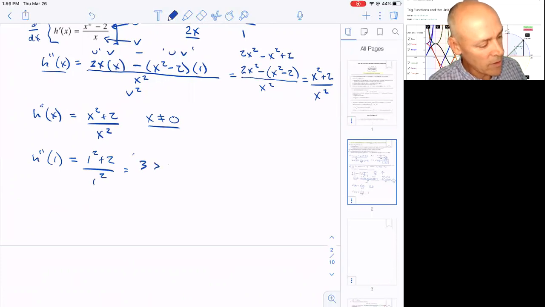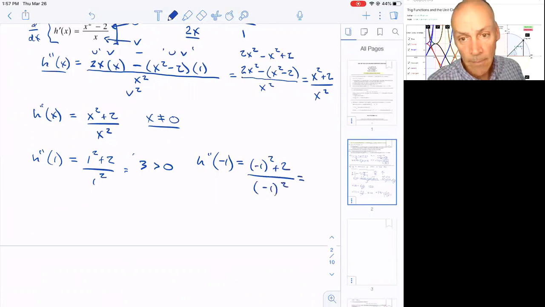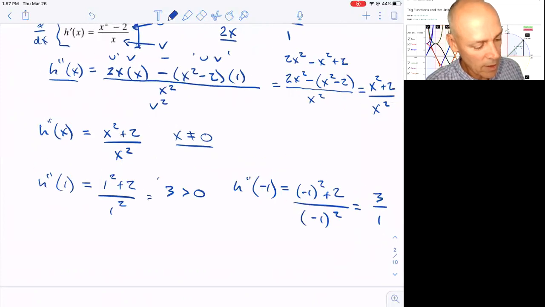Which is obviously a positive number. Well, if we plug in -1, let's see what happens. So that would be -1 squared plus 2 over -1 squared, which is 1 plus 2 is 3 over 1. Again, we get 3, which is again a positive number.